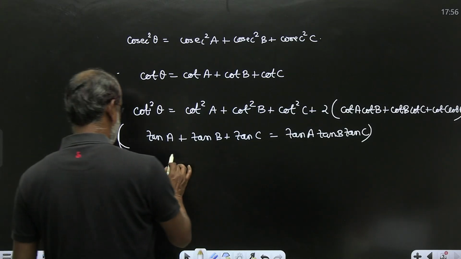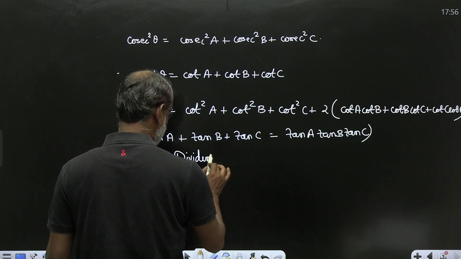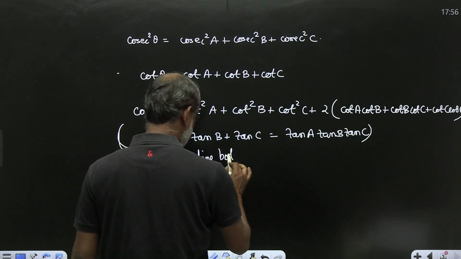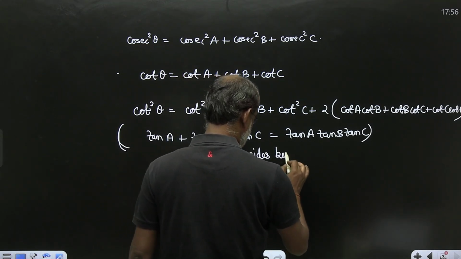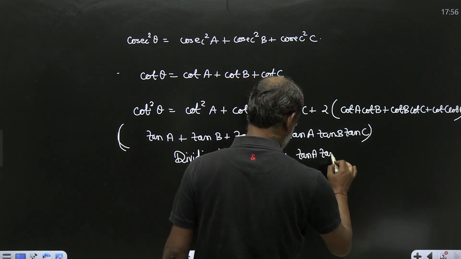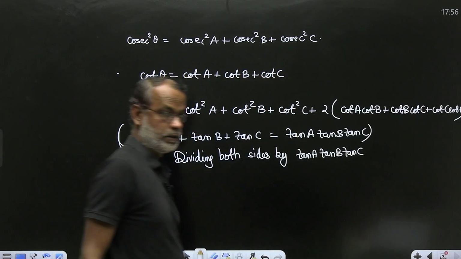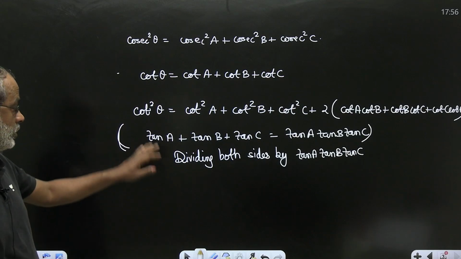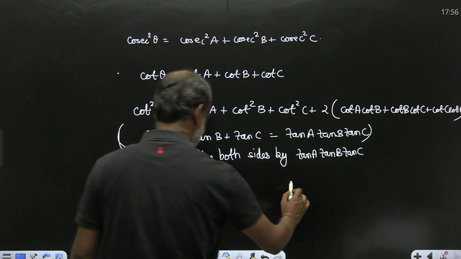So, what do you get now? If we divide both sides by tan A tan B tan C, here you will get 1.